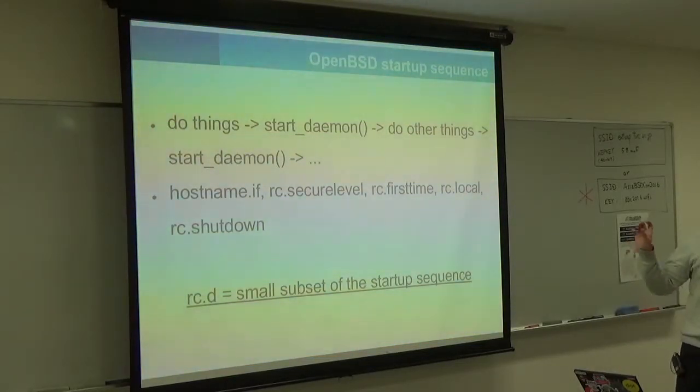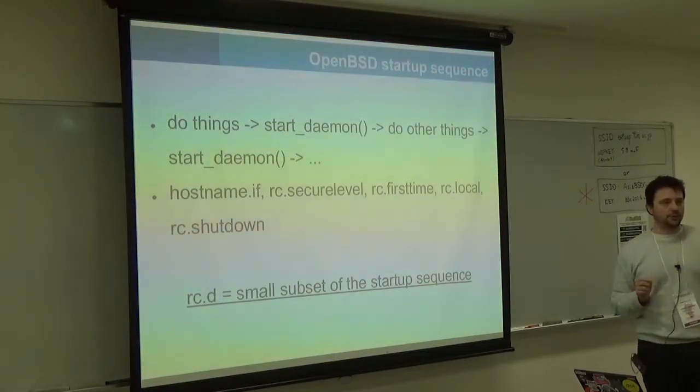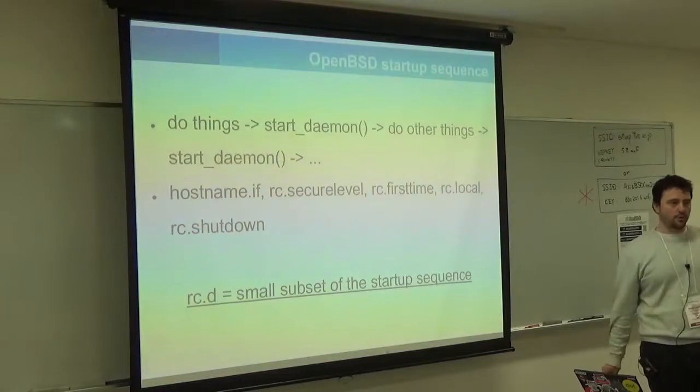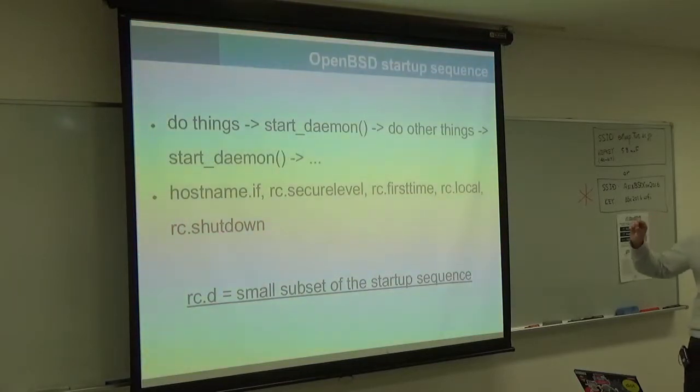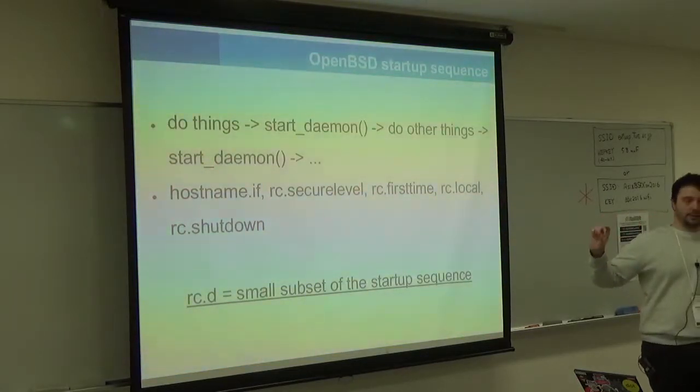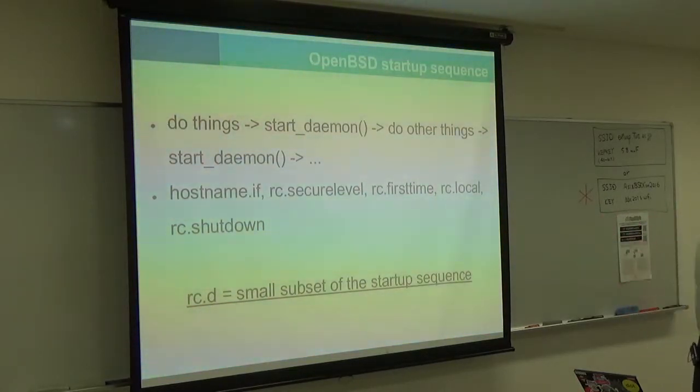Then after that we have start_daemon, which is a very small function in the etc-rc script whose only job is to actually start the rc.d script. You feed it the name of the script you want to run. It will check in rc.conf and rc.conf.local if these scripts are enabled, and if that's the case, it will start them.